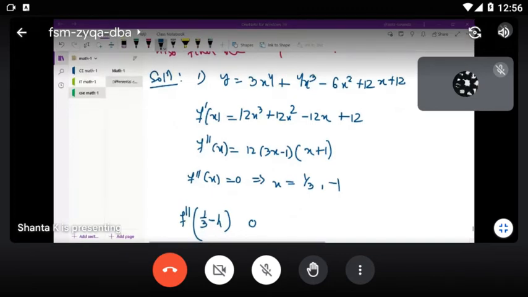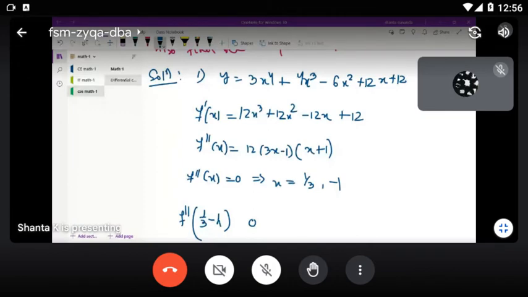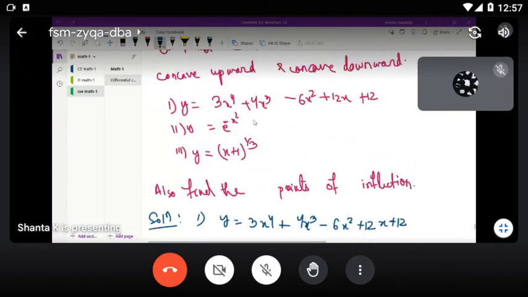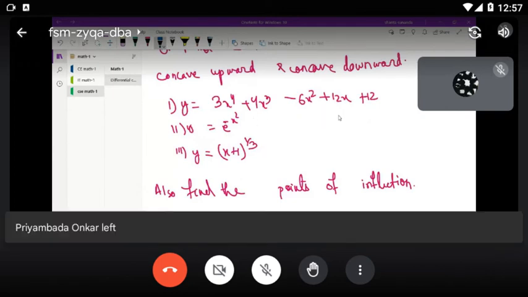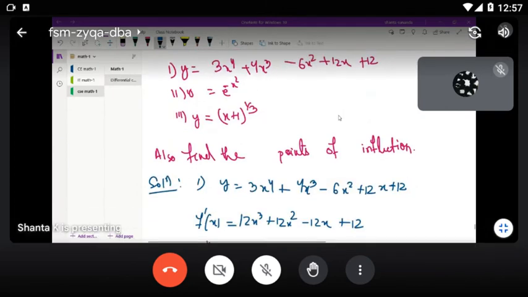In the question you wrote 3x to the power 4 minus 4x cube, I think. Yes, ma'am, minus 4x cube is written, plus 4x cube, minus 6x square plus 4x cube. Ma'am, the question is right. Yes, ma'am, you wrote the question right, but it is coming a minimum.